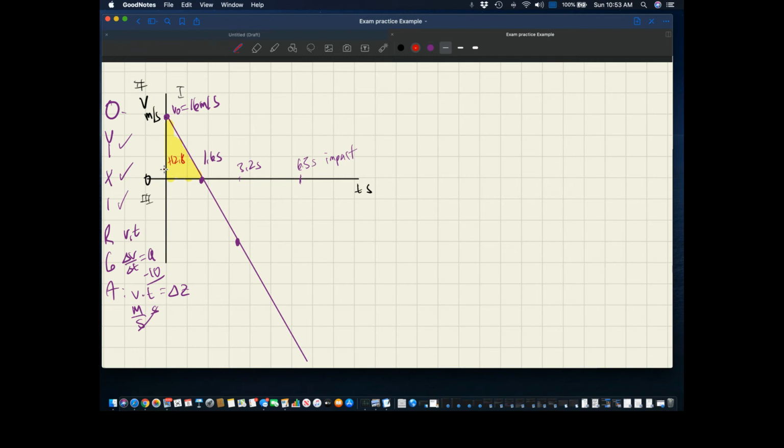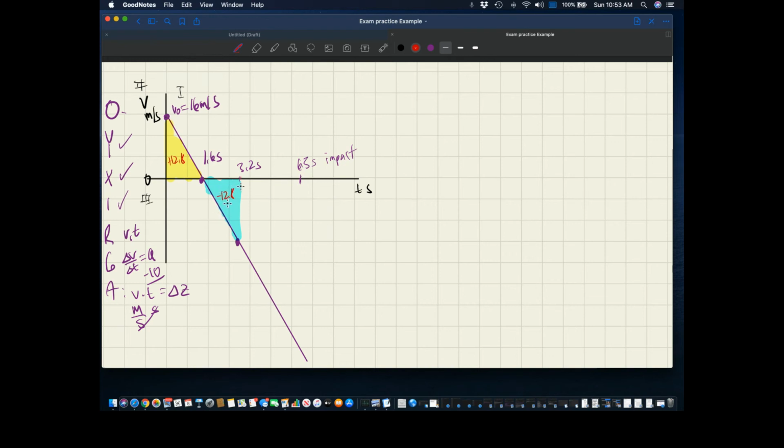And after another 1.6 seconds, we're back at the same height, which means that this has an area of minus 12.8.